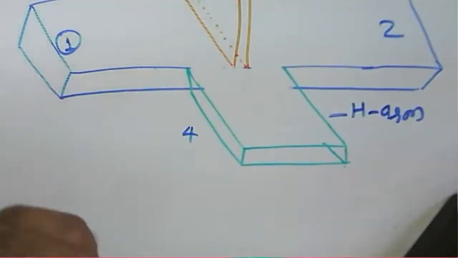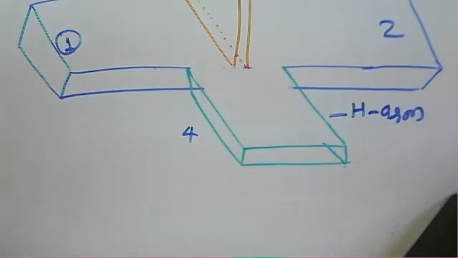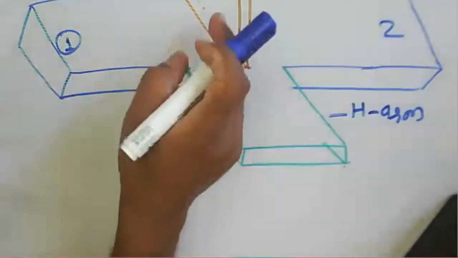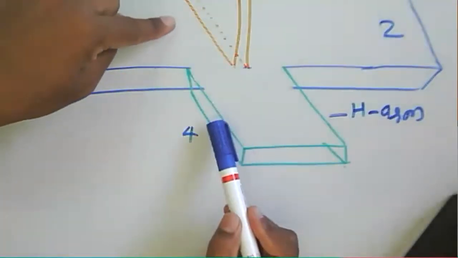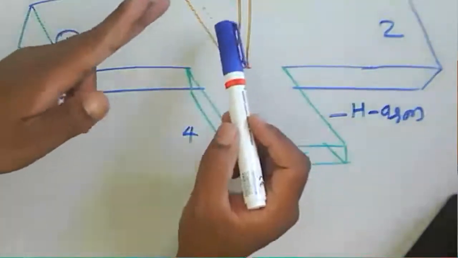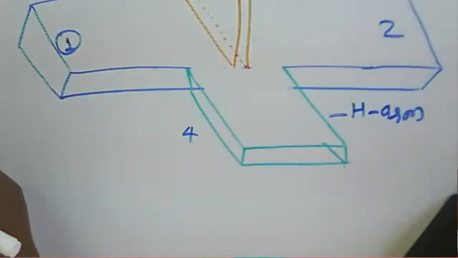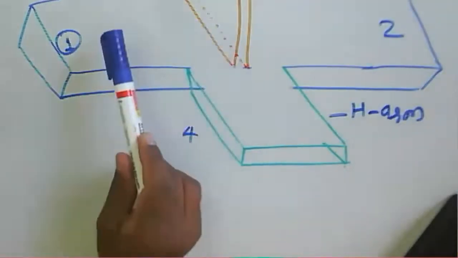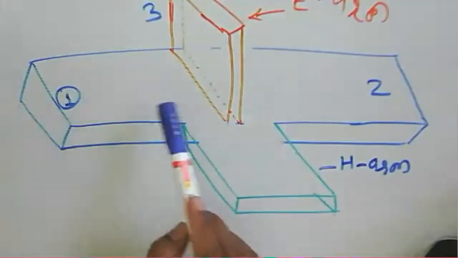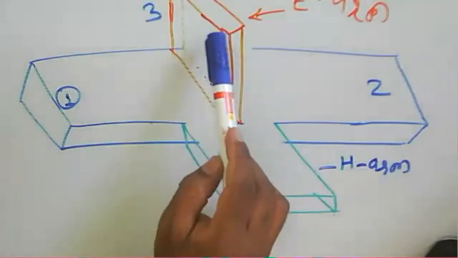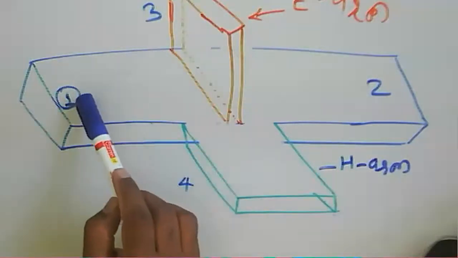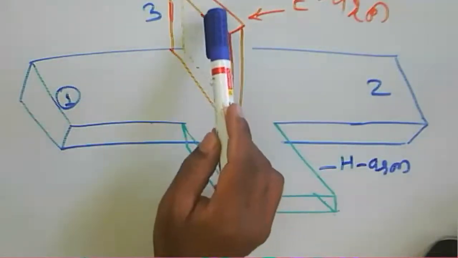For this particular junction, this E plane junction or H plane junction, the ports are to be perfectly matched. Earlier we said that when we provide the input to port 1 and port 2 of the same phase, the output will be 0 here.